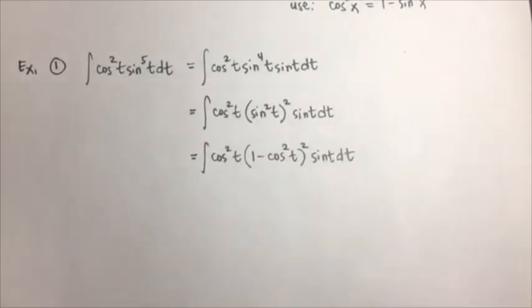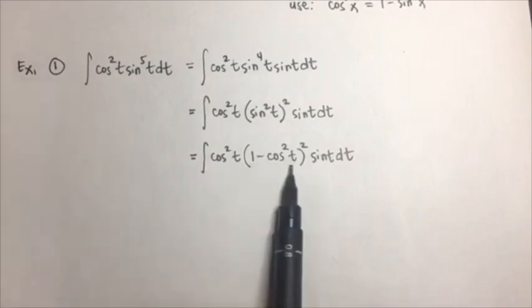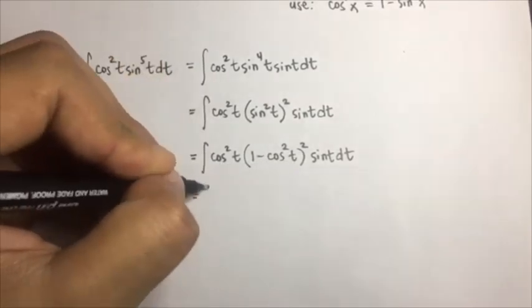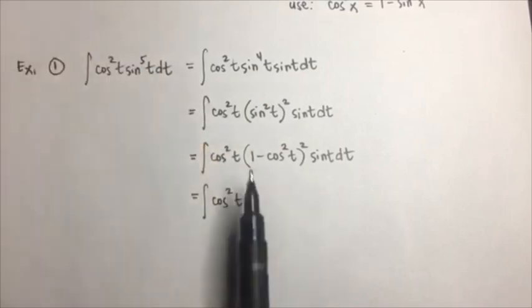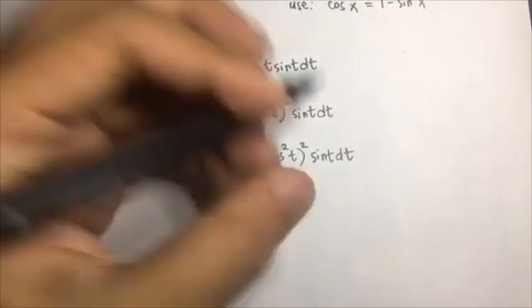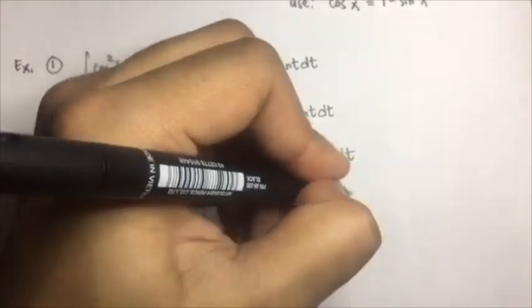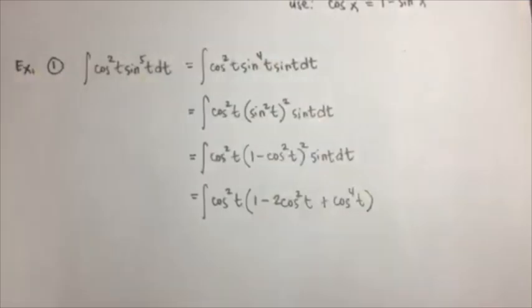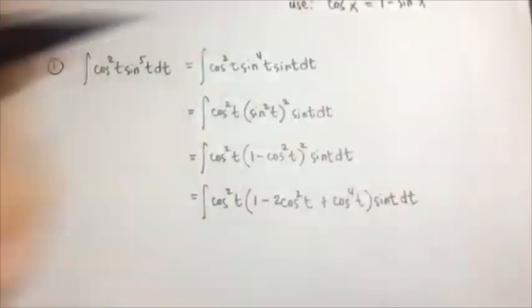Next, we expand this square of a binomial. So we have the integral of cosine squared of t times 1 minus 2 cosine squared of t plus cosine to the fourth of t, and then sine of t dt.